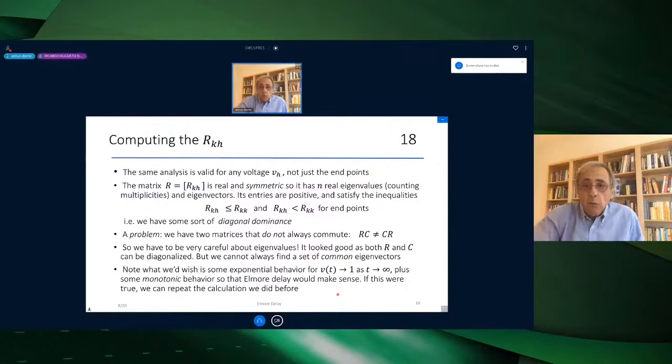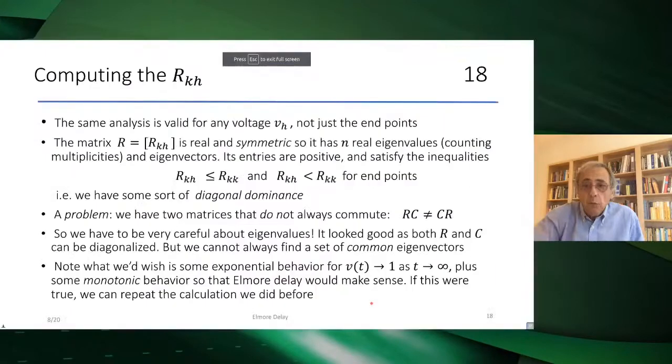My apologies. So let's go back to the matrix R, and we find the first thing that is interesting, of course, is a real matrix. The coefficients are real, and it's symmetric by construction. The intersection of the path between node H and node K is the same as between node K and node H. So it's a symmetric matrix, a positive element, and so the basic theorem in linear algebra that you may remember, even though I'll get back to it later, a symmetric matrix has n real eigenvalues.